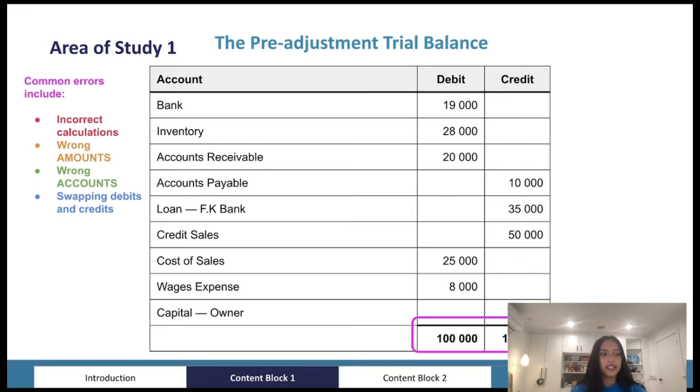So for example, if someone accidentally debits accounts payable instead of debiting accounts receivable, or other examples, and that's just mistakes that people make. And then the last common mistake is swapping the debit and credit.